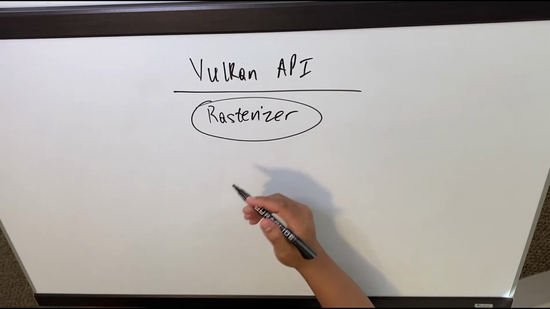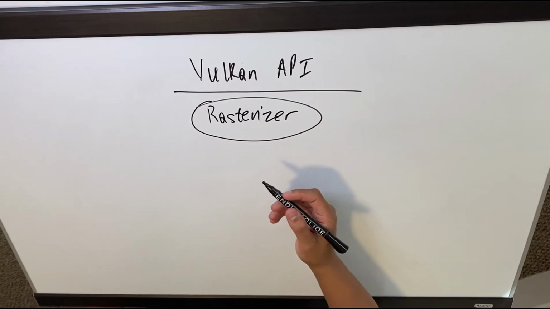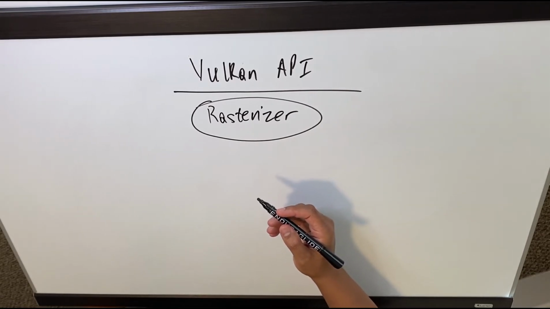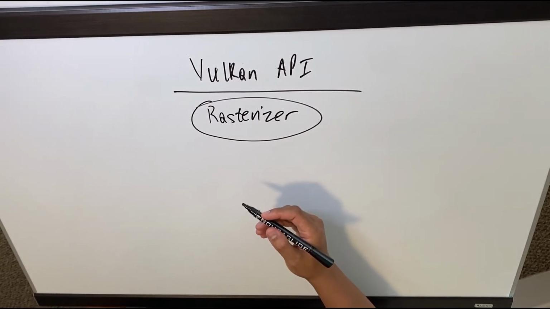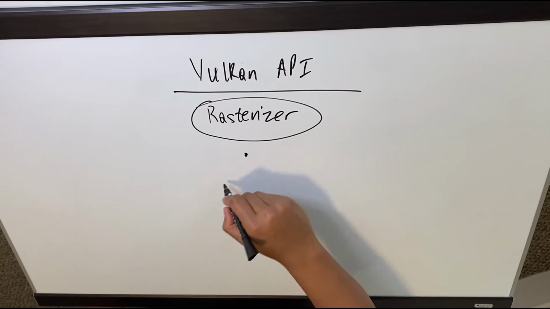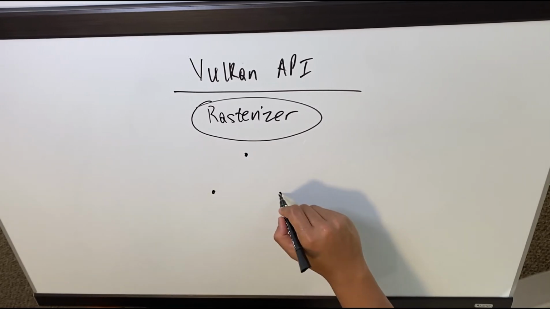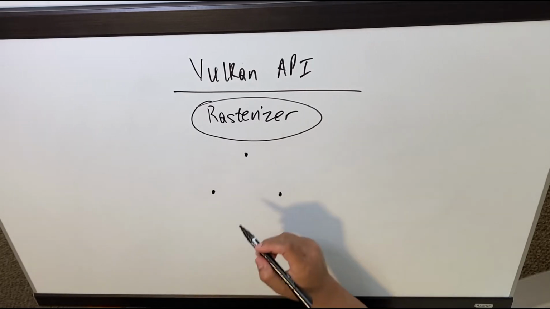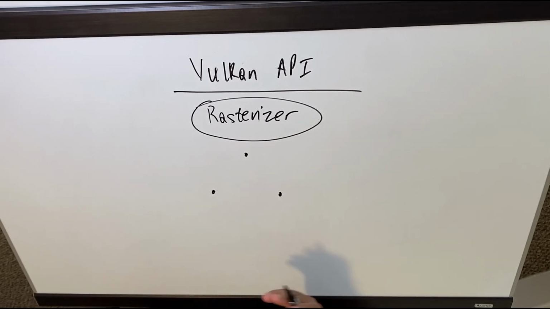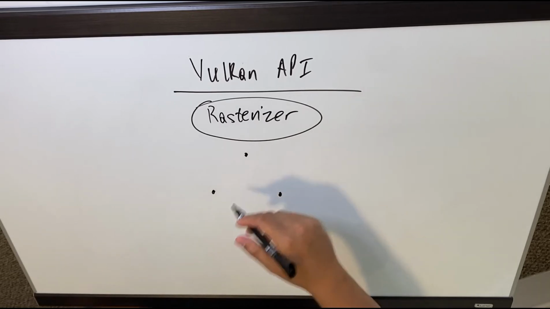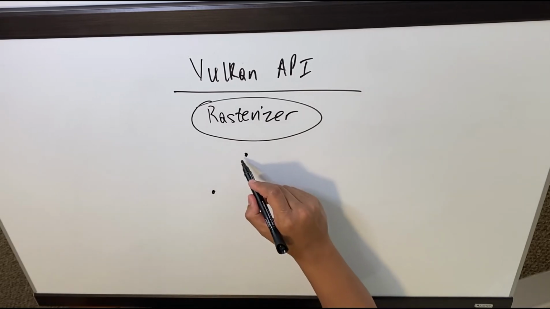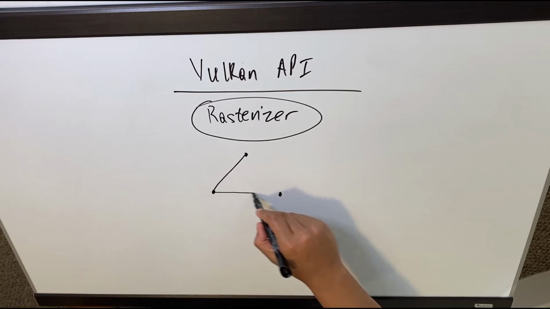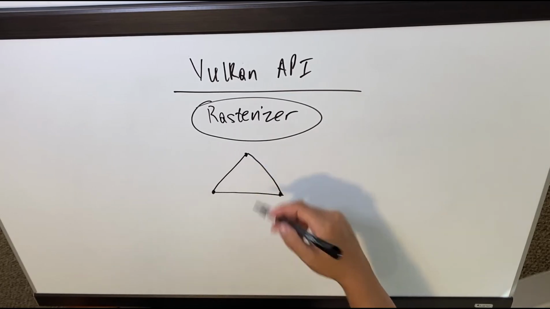The way I understand it is that you might have declared vertices for a triangle, right? So these are the 3 vertices that make up a triangle. What the Rasterizer will do is convert these vertices into a fragment. So maybe the fragment might be something like this, which makes a triangle.